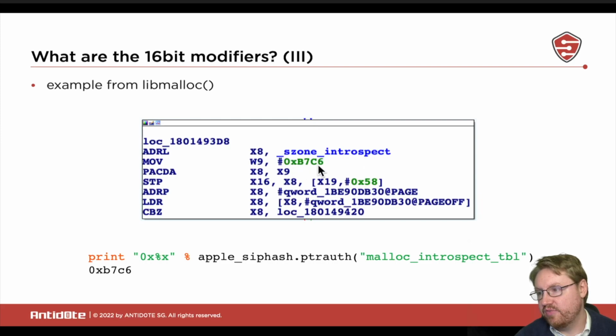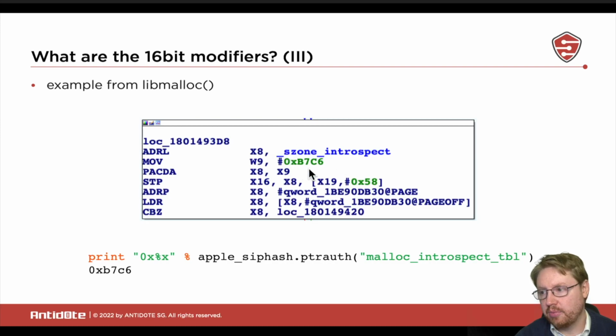We can see this here is the magic value. And when we run our open source SipHash with the built-in key and use the malloc introspect table, we will see that this is the same value. So that is basically how these magic modifiers come about.